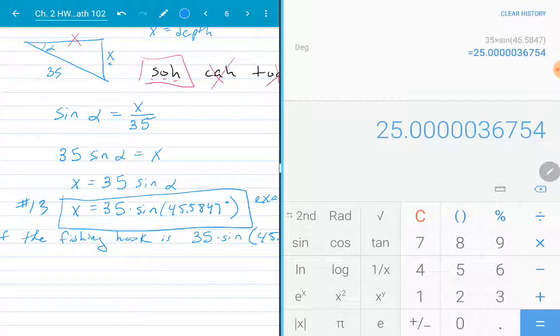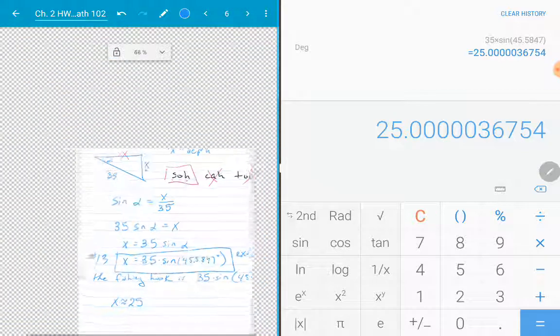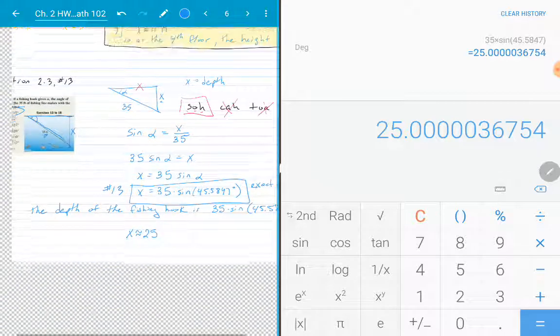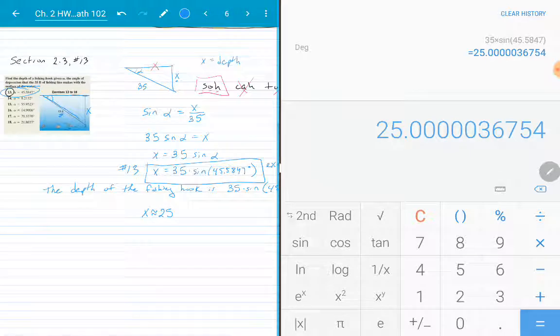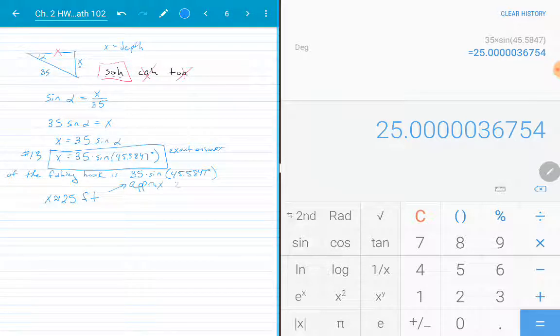And that gives me about, x is approximately 25, what were our units? Feet. So same sentence, you could also say approximately 25 feet.